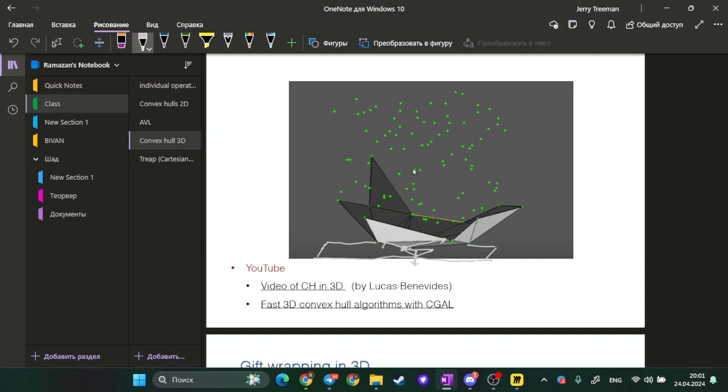And that's it. Okay, we found the next edge. Suppose it will be this edge, the one that has the smallest angle. Okay, then we found our first plane.